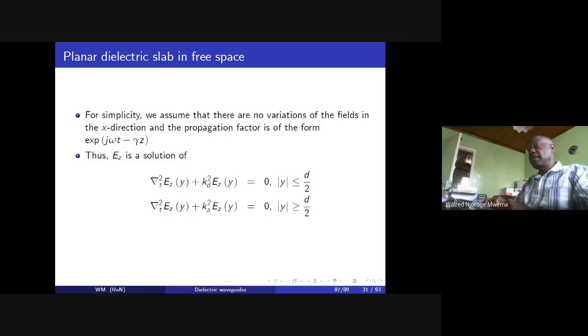Inside the dielectric, we'll have a solution with Kc equal to Kd for the region modulus of y less than d by 2. And outside the slab, we'll have the Kc, or the cutoff wave number, being equal to Ka, which represents the cutoff number in the air region.